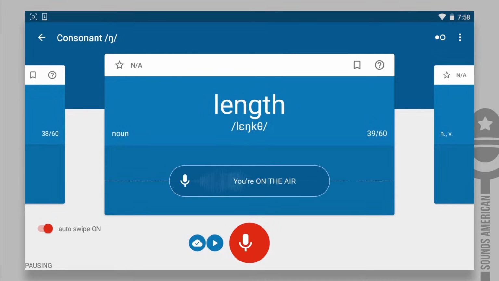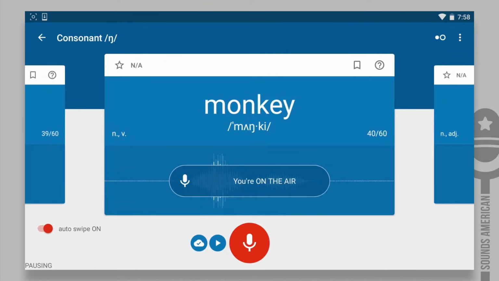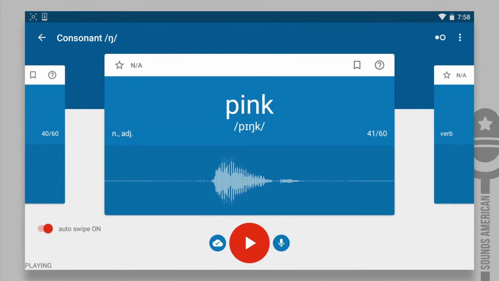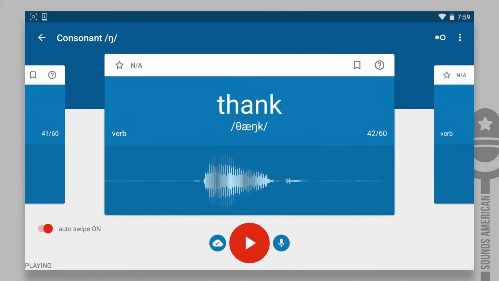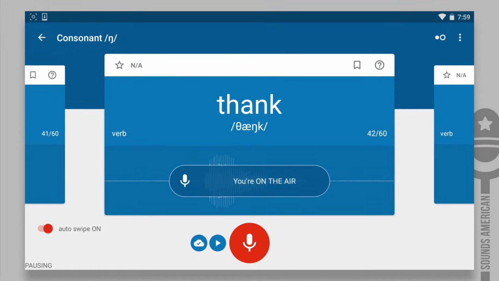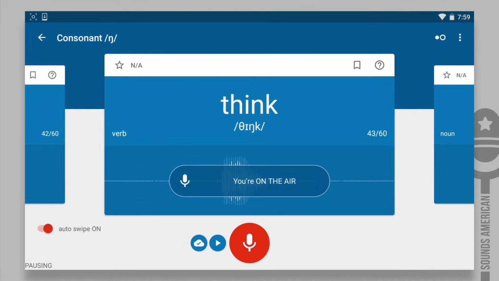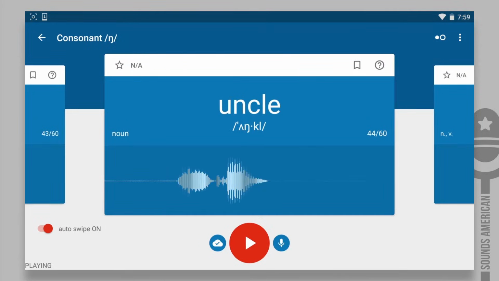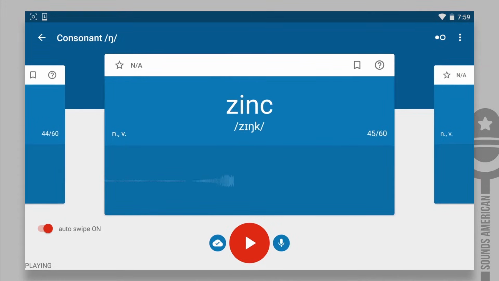Length. Monkey. Pink. Thank. Think. Uncle. Zinc.